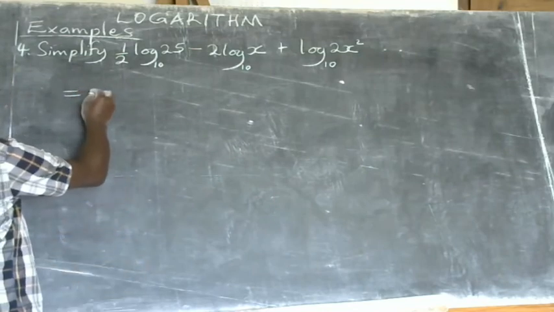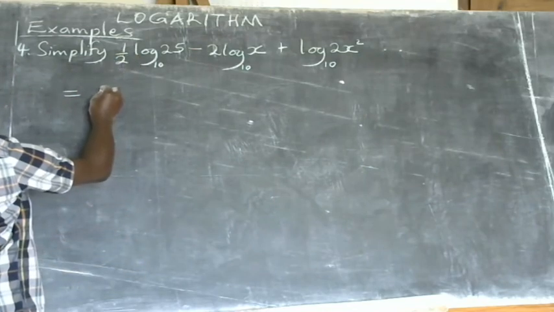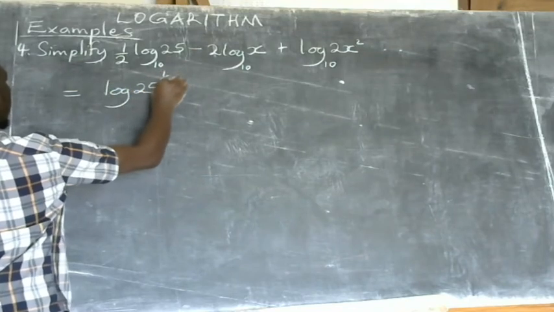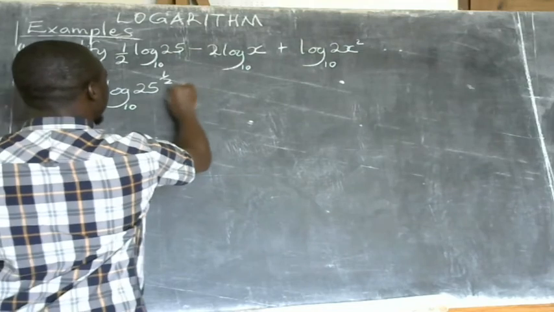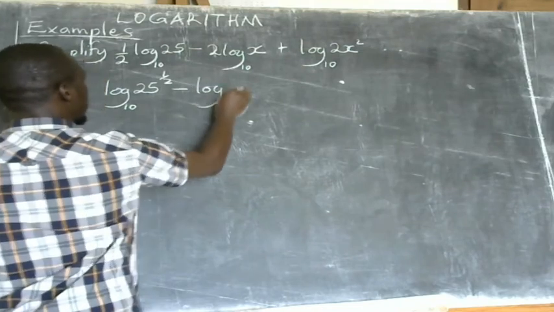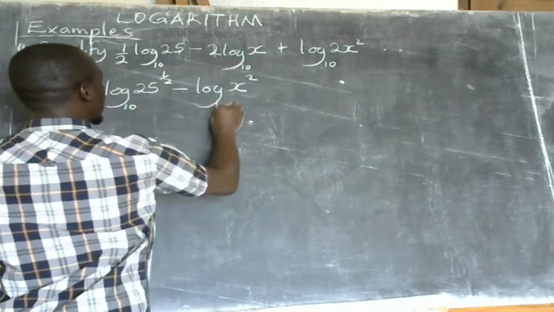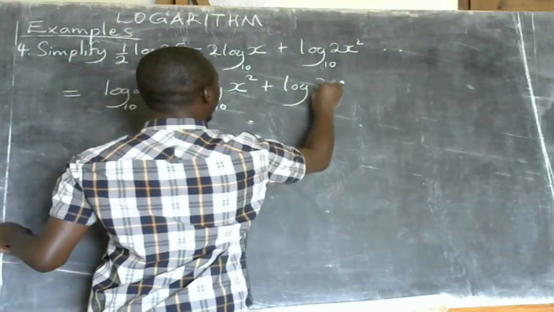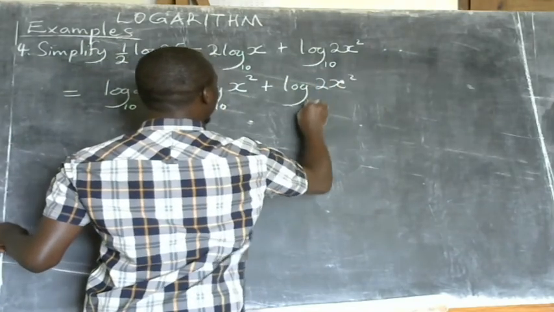So this one here is equivalent to log of 25 power half base 10 minus log of x power 2 base 10, then plus log of 2x squared base 10 there.